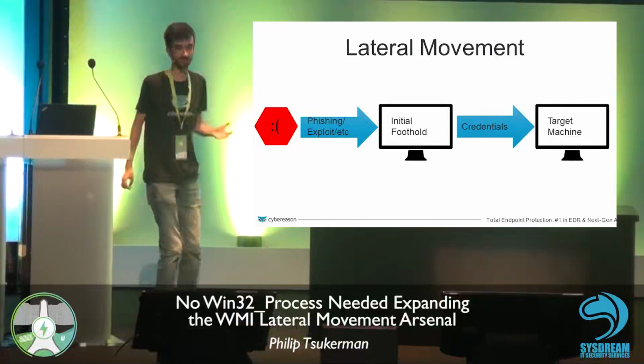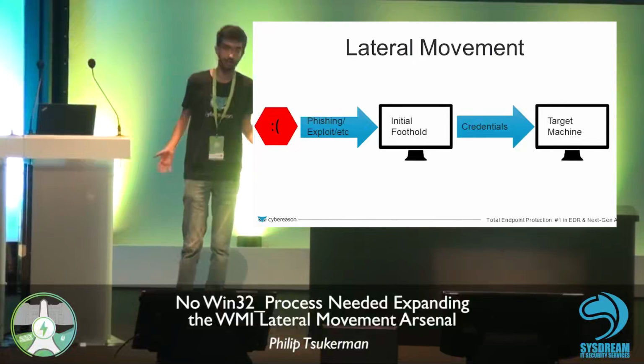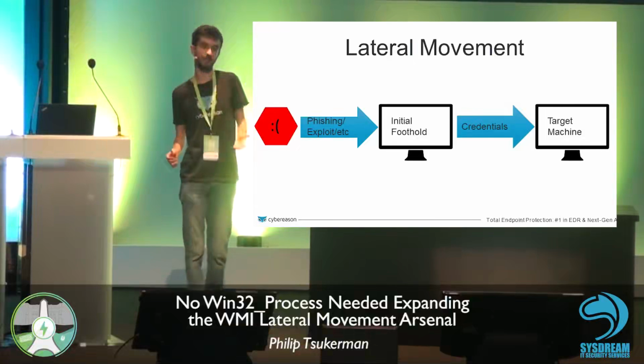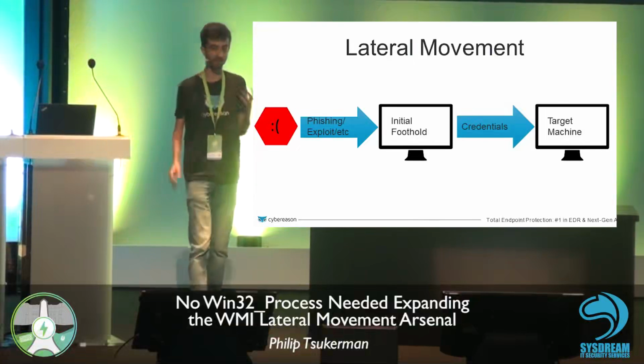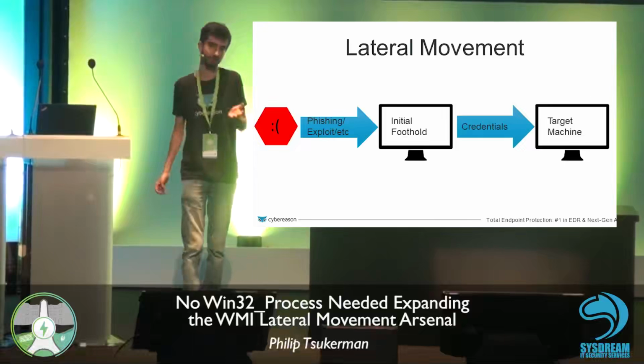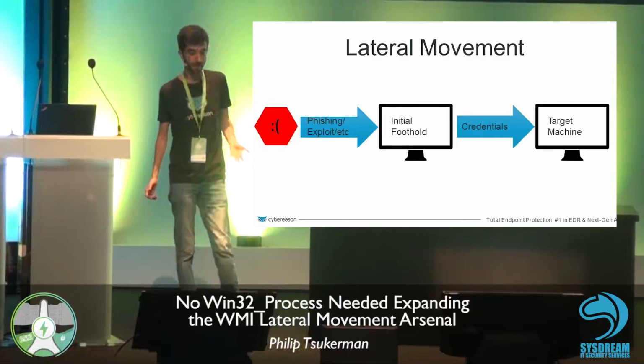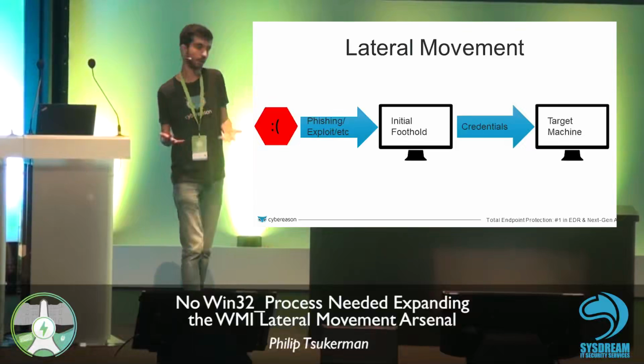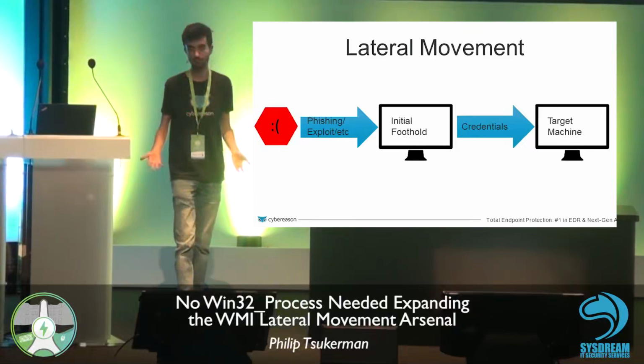You, as an attacker, have gained some kind of initial foothold, whether by exploiting some kind of vulnerability in an application or exploiting some kind of vulnerable user via phishing. And using this initial foothold, you've gained some kind of credentials.